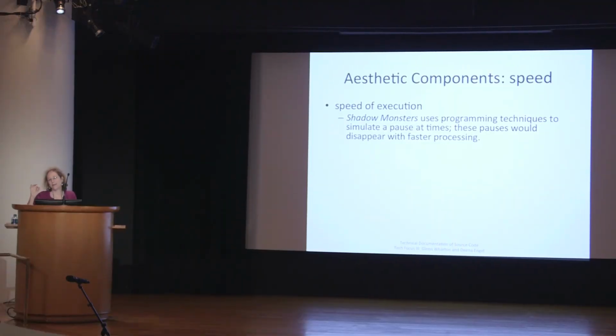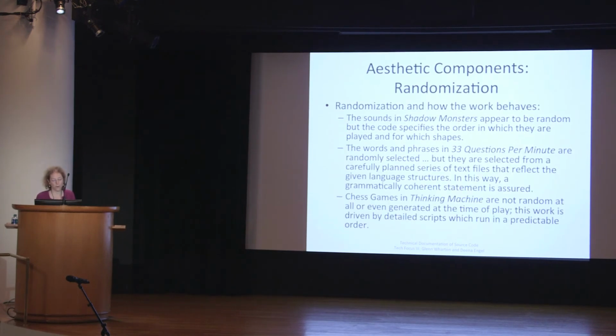Because we were able to identify where those delays were, we were able to predict what would happen if this piece were simply played on a newer machine, which is that those delays would have disappeared. Some programming techniques allow you to actually measure delays by seconds or fractions of a second, but other techniques will be impacted by changes in hardware. Very important to know that with a work of art.